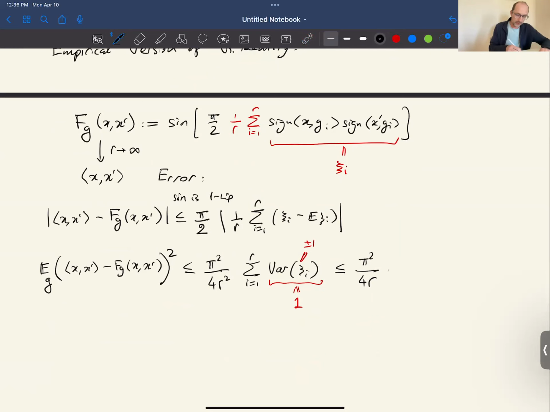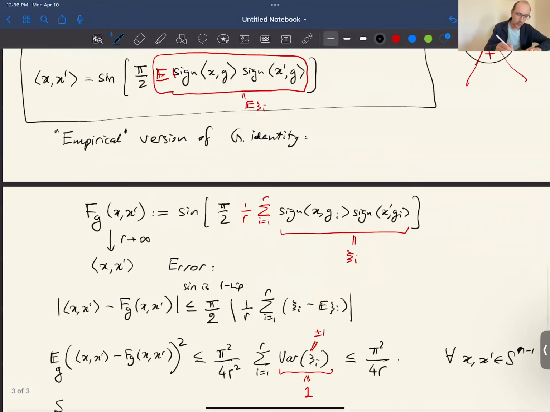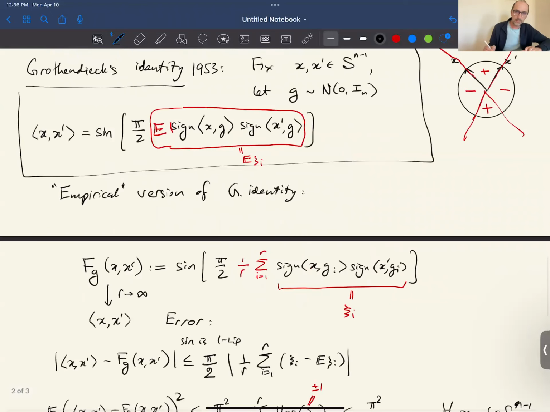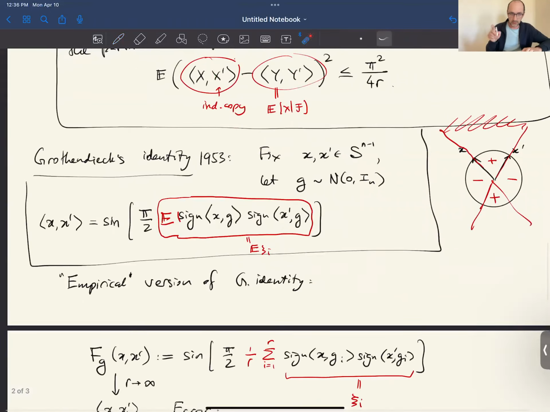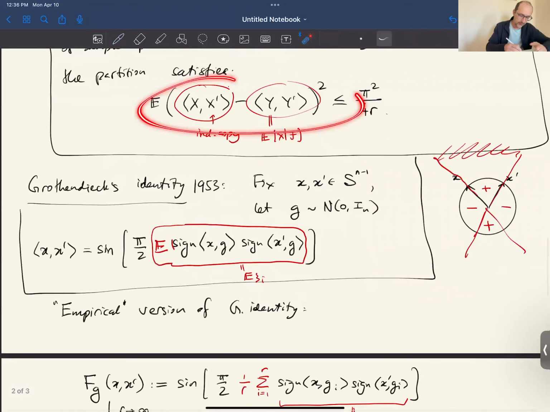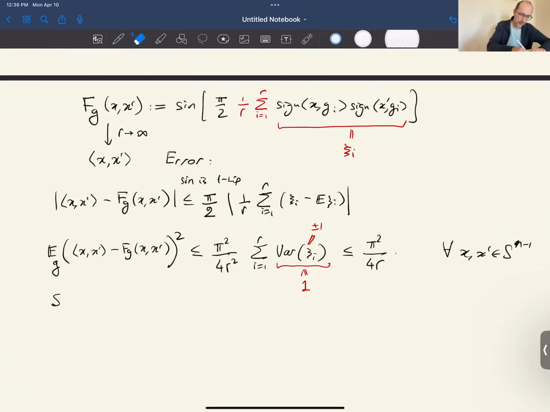What we do now with this is, this happens for any fixed pair of vectors. Now we substitute a random pair. Remember, our ultimate goal is to prove something like this. So now we're substituting the random x and its copy x' into this equation, and we take expectation with respect to x and x' on both sides.